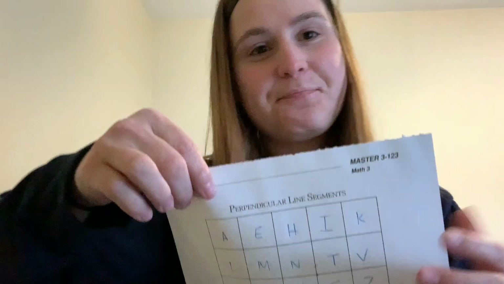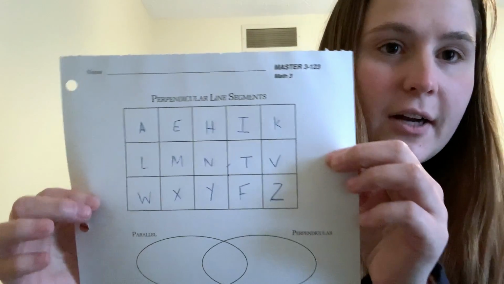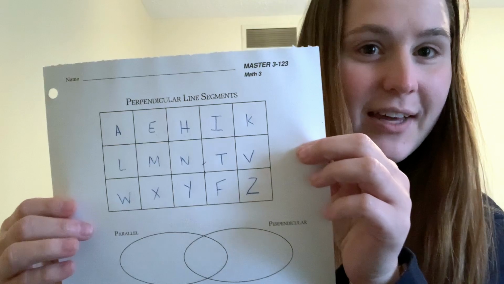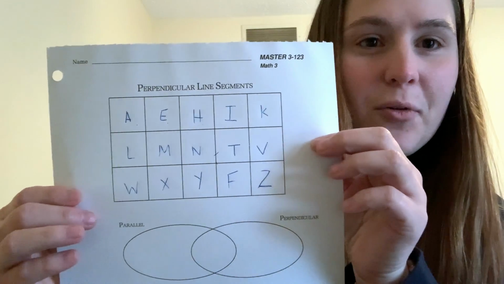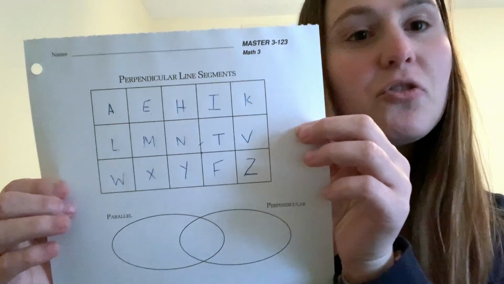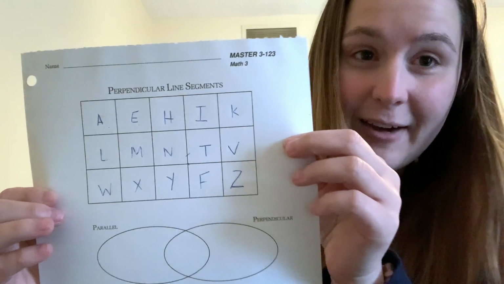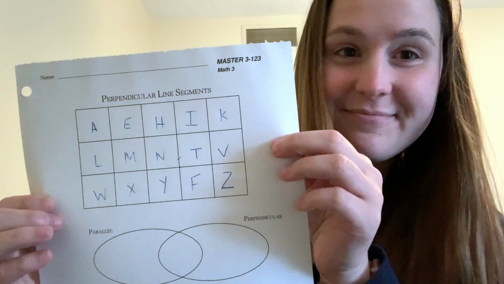And then Z. What you're going to do is go through each of these letters. You can stop the video and do this. Get a red crayon for parallel lines and a green crayon for the perpendicular lines and trace those lines out now. I'll see you when you get back.